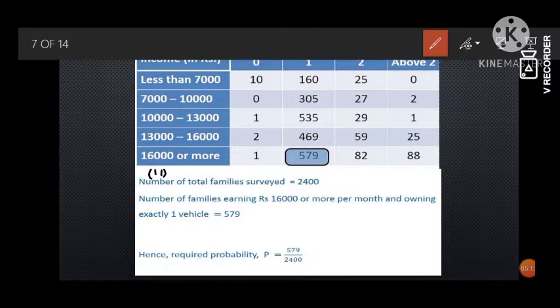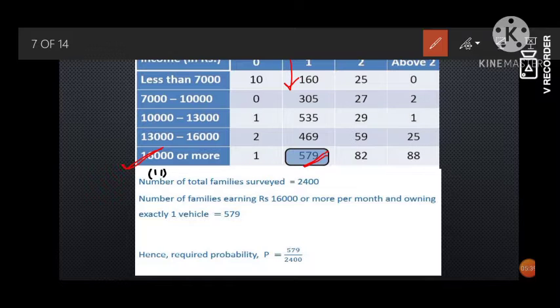In the next subpart, the question says, find the probability that the family chosen is earning 16,000 or more. 16,000 and more is this slab, per month, and owning exactly one vehicle. Owning exactly one vehicle is this column. It is 579.